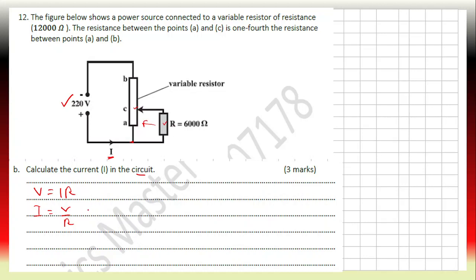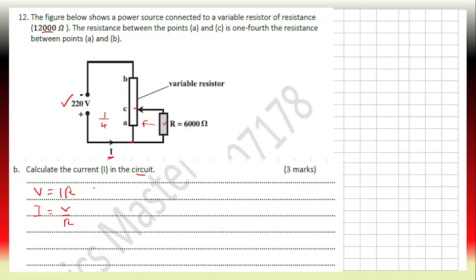Then we have the potential difference across it, and then we can calculate the current. From A to C, they have said it is 1/4 of A to B.